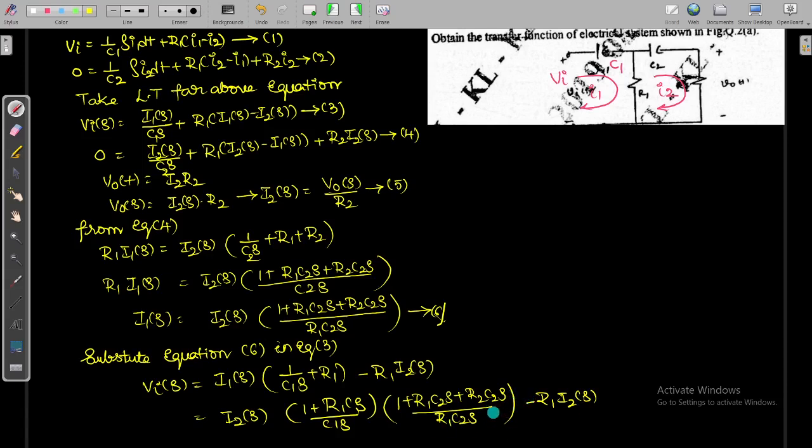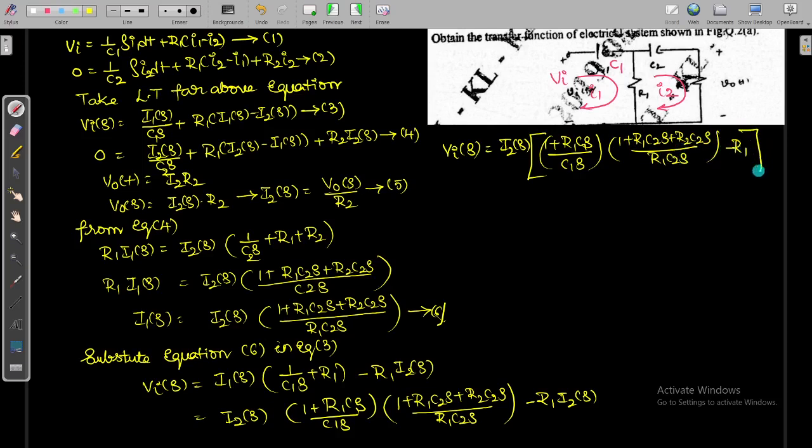So you can take it out common. Vi of s can be written as this entire term, with I2 of s taken out common: 1 plus R1 C1s divided by R1 C1s into 1 plus R1 C2s plus R2 C2s divided by R1 C2s, minus R1. So this is the term.